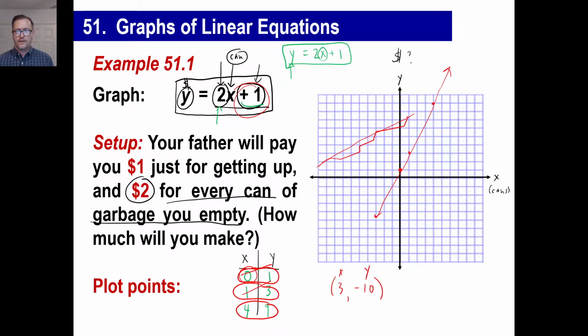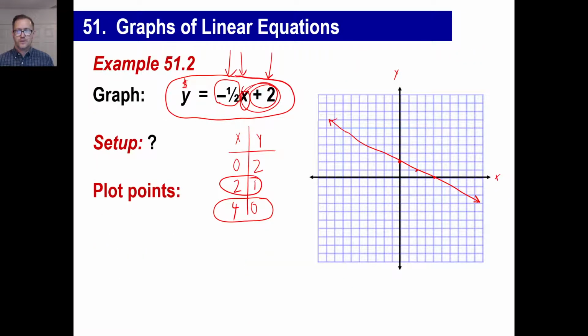Look at that one, look at that one, now look at this one. You notice anything different? Obviously, it's going down, right? The reason it's going down is because this is a negative number. We don't have to get too much into that right now, but we will later on. So just know that. That is a graph. We tried 3 numbers, they all lined up nicely, and there we go.